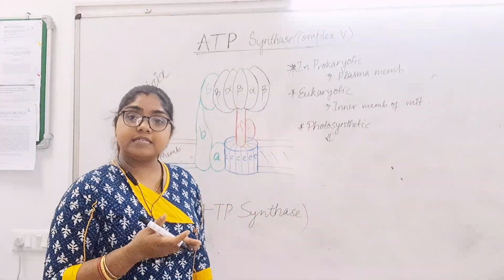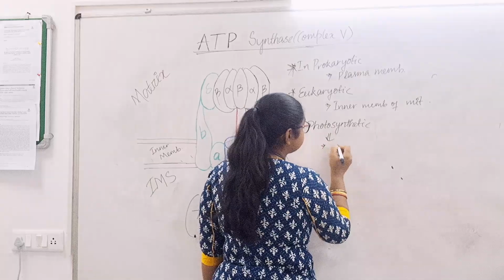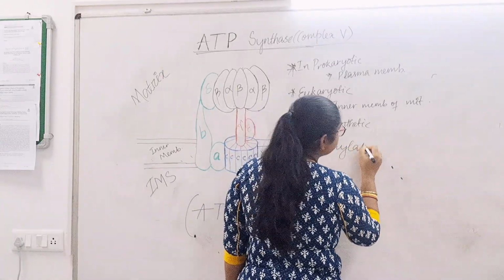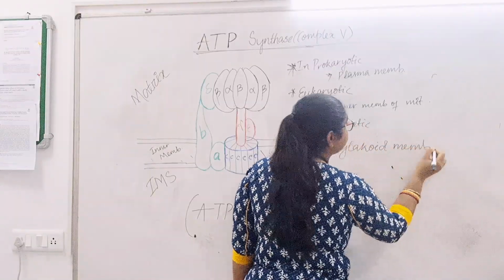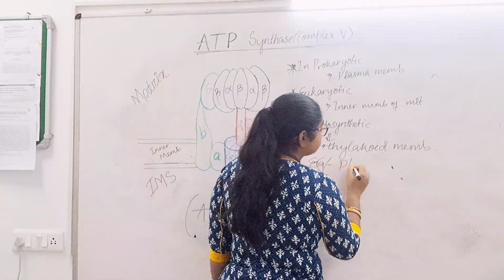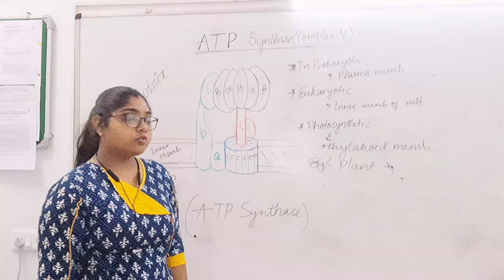this ATP synthase is also present across the thylakoid membrane. As an example, a plant is a photosynthetic organism.